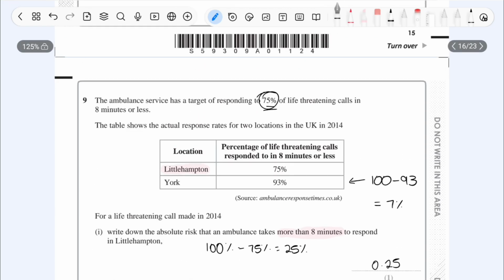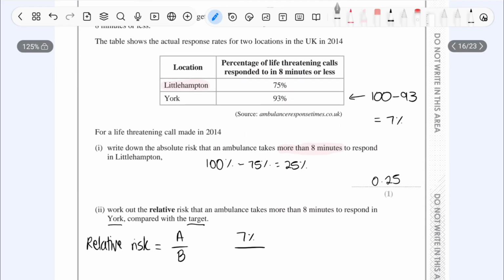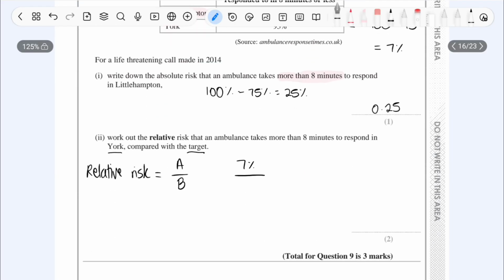Now the national average was 75%, and coincidentally Littlehampton had 75% as well. So we already know that 25% of the time it's going to take longer than 8 minutes. So if 25% of the time it takes longer than 8 minutes, and York compared to that only takes 7%, so we can say 7% over 25%, which is just 7 over 25, and that's your relative risk.